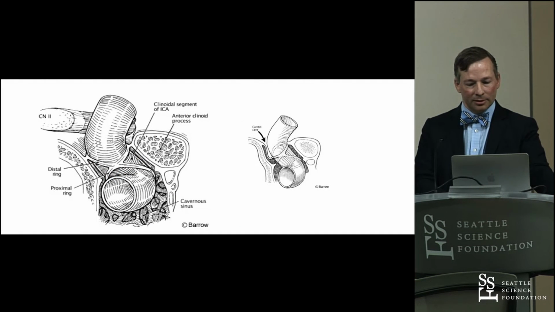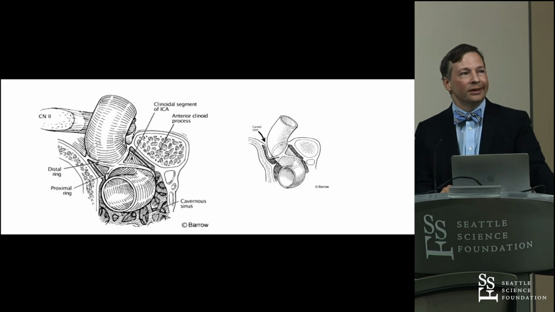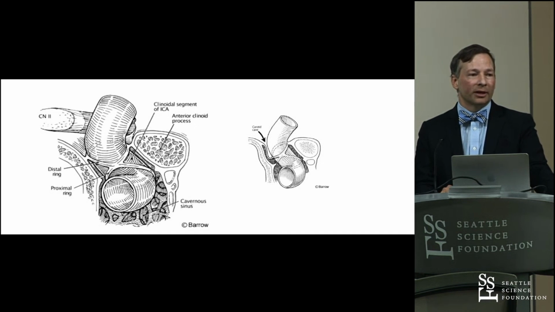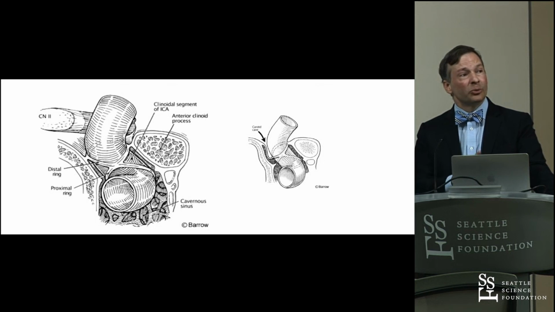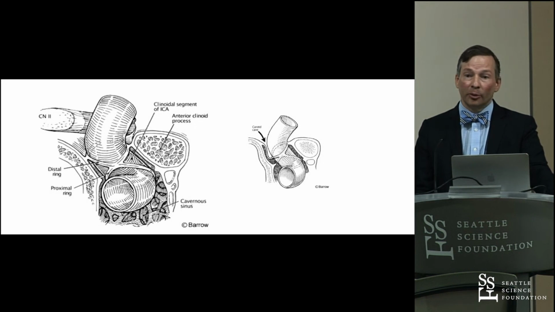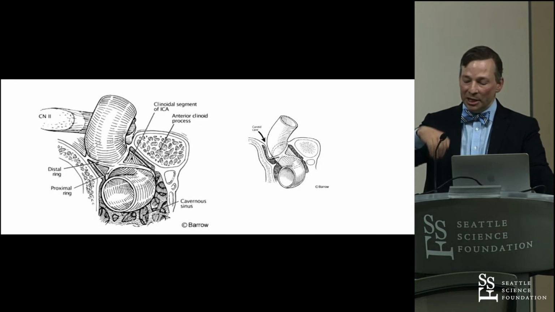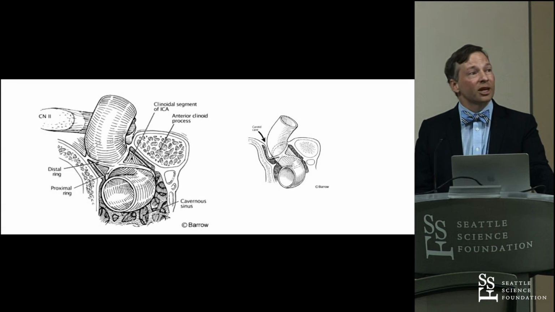Let me get to this last slide. This is a nice picture from Dr. Spetzler's group that shows the rings. One critical thing to remember is that the distal ring is what you're seeing if you're doing a suprasellar approach. That's the first thing you'll come to, and there's a concavity around the neck of the ICA as it's coming up through the cavernous sinus, and medial to that would be the carotid cave or the medial clinoidal segment.